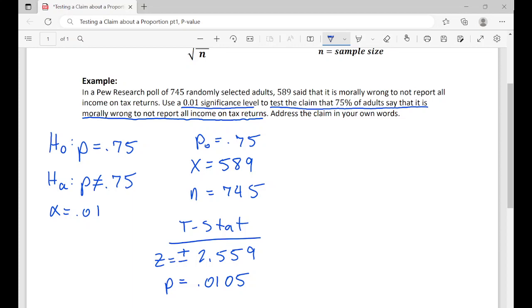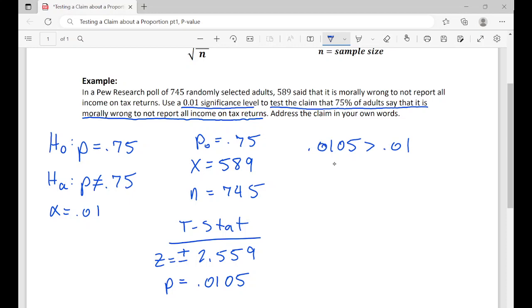Now, since we're using the p-value method, we look at our p-value compared to our alpha value. 0.0105 is just by a little bit, but still more than our alpha value of 0.01.